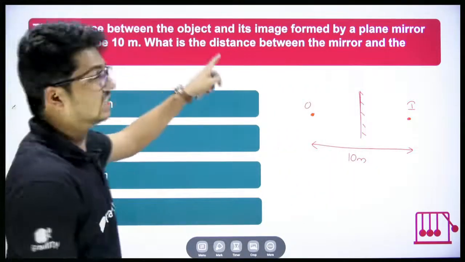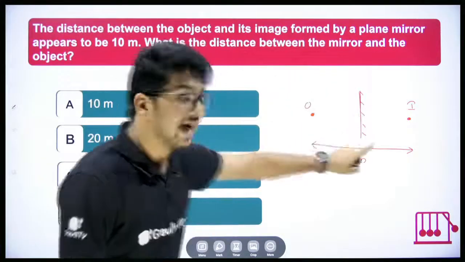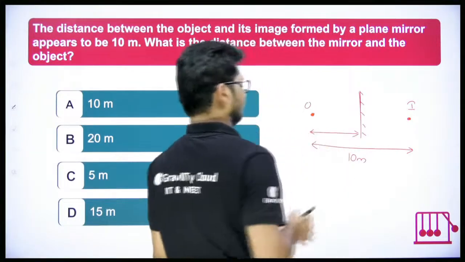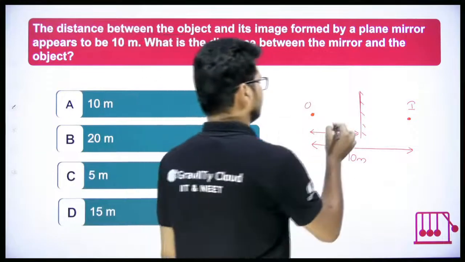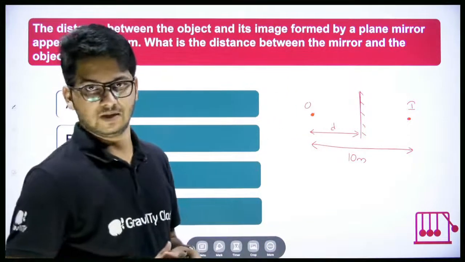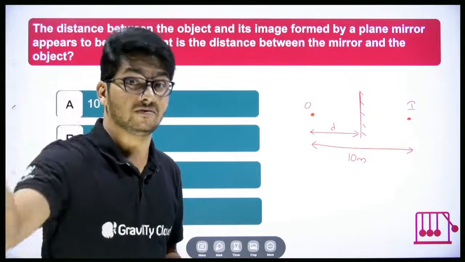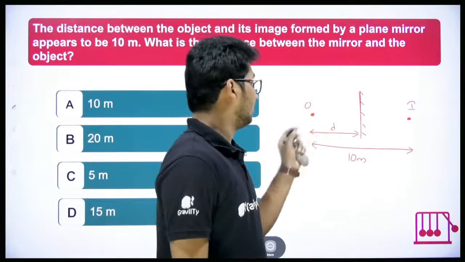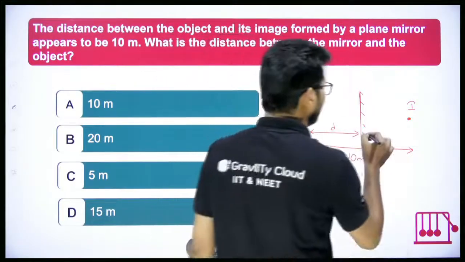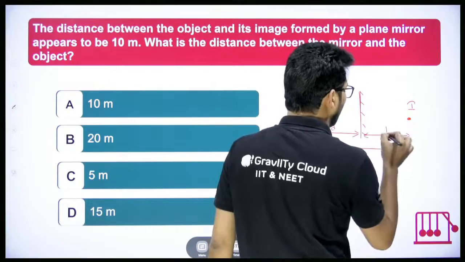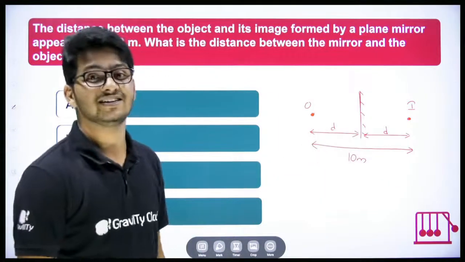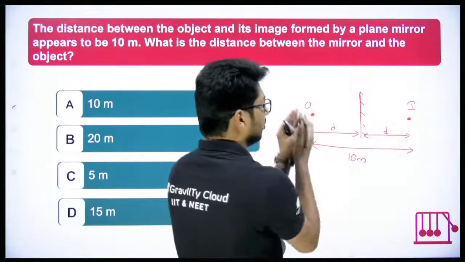Then what is the distance between the mirror and the object? So we have to find this distance. Let's say that distance is D. We don't know it, so we'll call it D. According to the properties of the image, if the distance of the object from the mirror is D, then the distance of the image from the mirror will also be D. So what is the total distance between object and image?